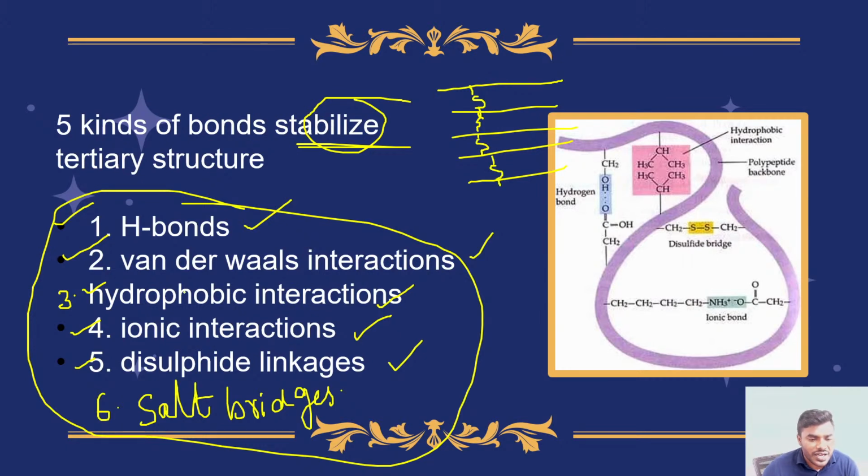Hence the statement I would like to conclude: all these bonds are compulsorily required, there is no doubt about it. But among all, if I ask you to point out only one force that stabilizes the interaction, it is obviously disulfide.